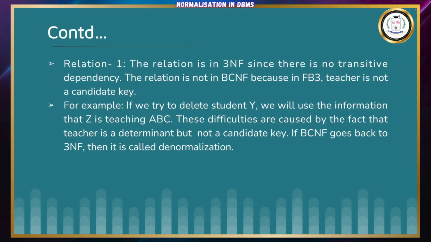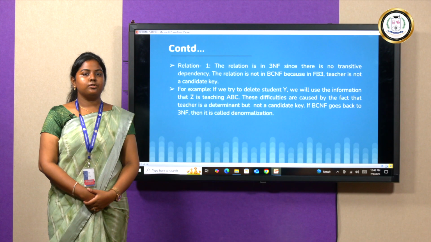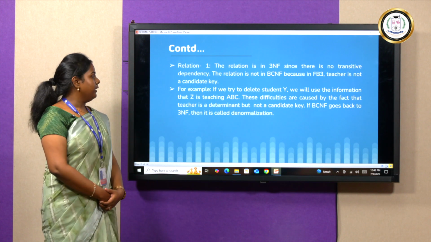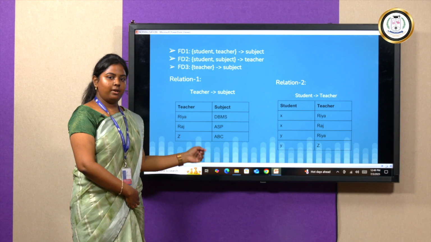Z. So this is a continuation of Boyce Codd normal form. In the first relation, as we said, we need to satisfy 3NF, but to satisfy 3NF we should not have any transitive dependencies on the composite primary key. Here in the previous example, student Y is related to Z, and teacher Z is related to subject ABC, so this is transitively dependent.